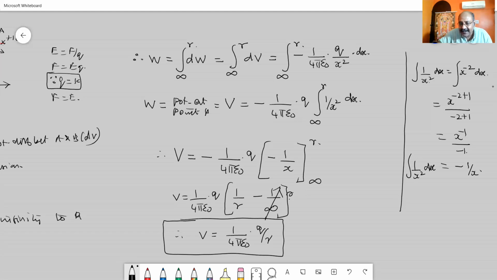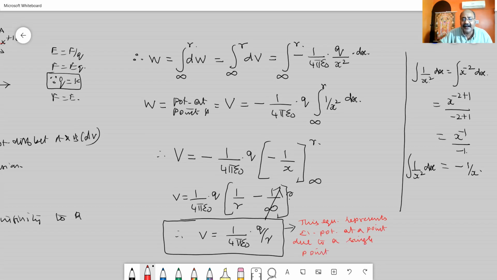Are you able to understand? So this equation represents the electric potential at a point due to a single point charge.